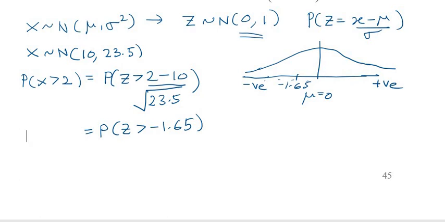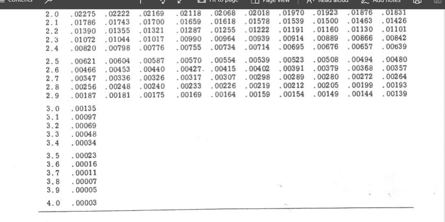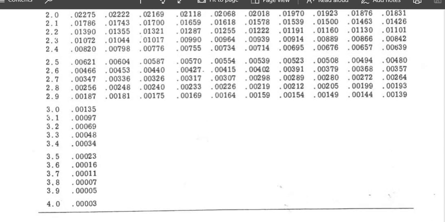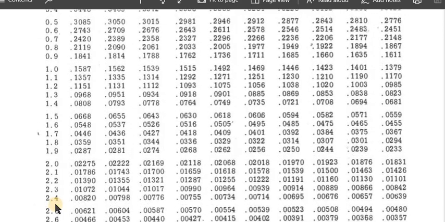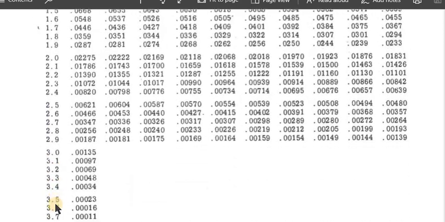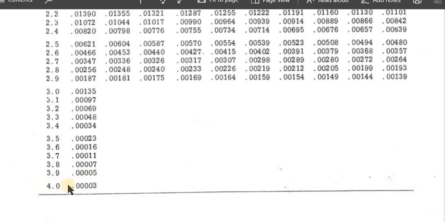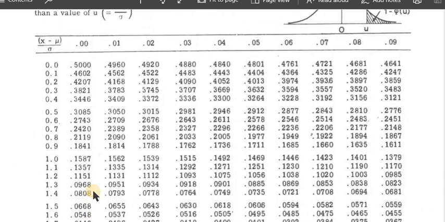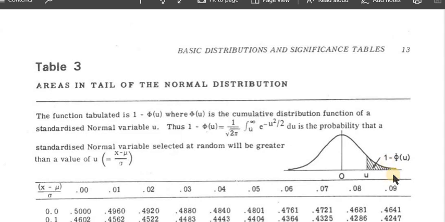Refer to the Murdoch's table just now. You can see that when the Z value is nearly 4, the probability is very small. For 4.0, the value of the probability is 0.00003, which means the area here is very small.